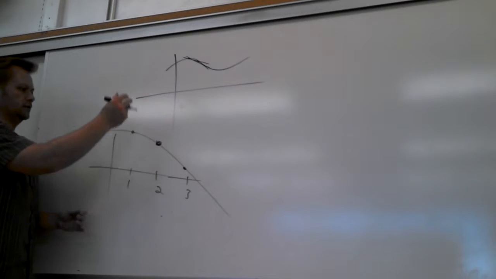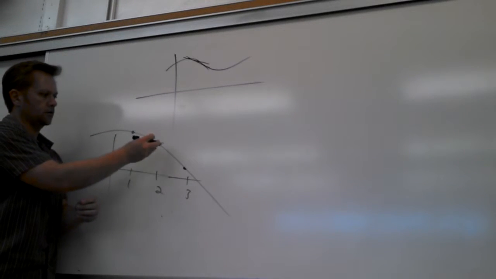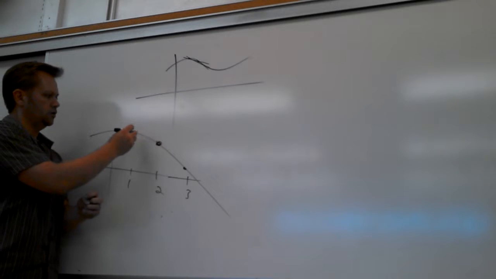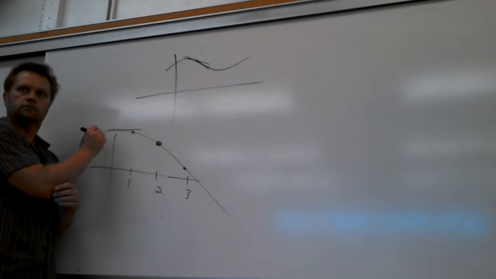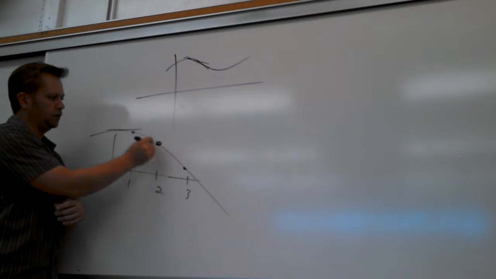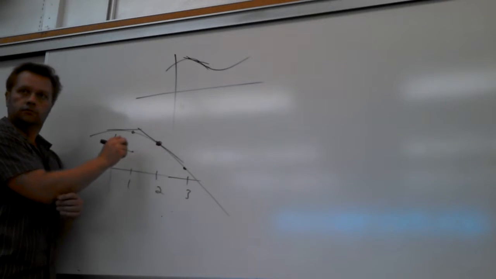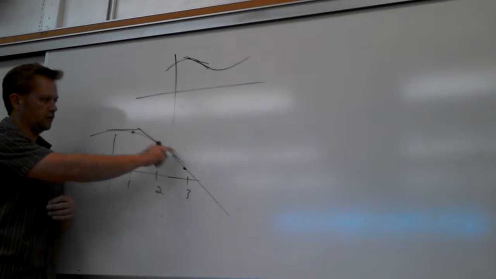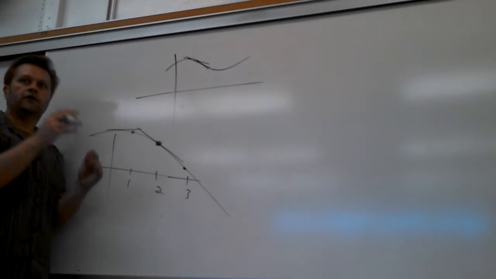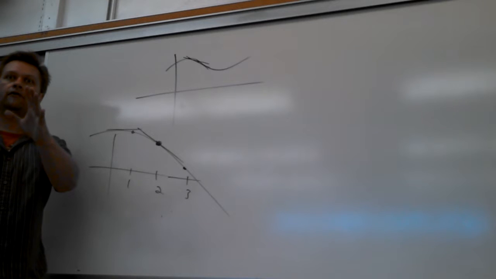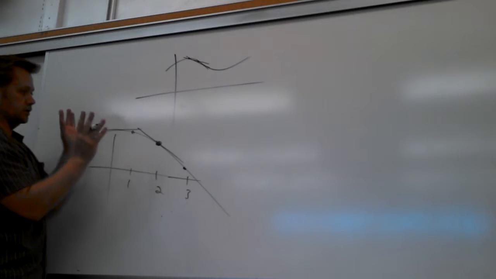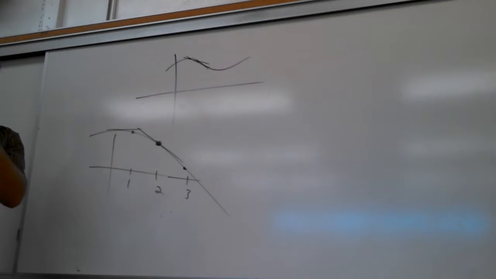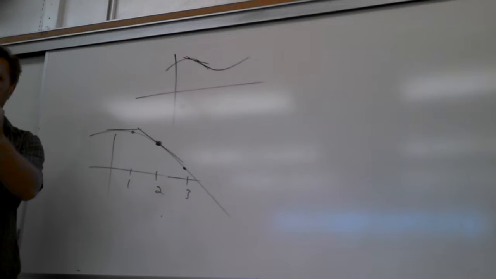One way you could do it is you could just look to see, like here it'd be about 0, right? And then a slope of 1 would mean that it would go down 1 over 1. Draw the line in there and see what it would do. So if you can graph this by hand, graph it, and then draw the tangent line on top, then you can step back and see what's the slope of that line I just drew. You can estimate the slope of that line. Does that make sense?